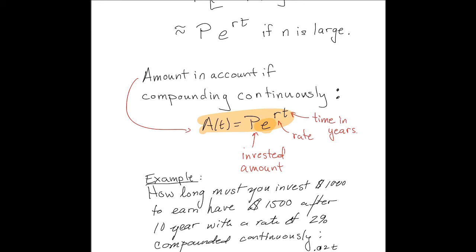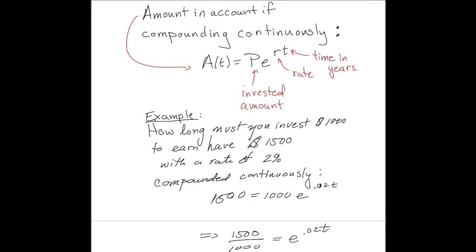This is compounded continuously, so infinitely often. Okay, so for instance, the amount in the account, if you compound continuously, is A of t, and that is the amount invested, e to the rate t, where t is the time in years.